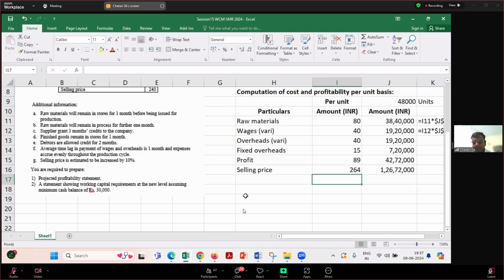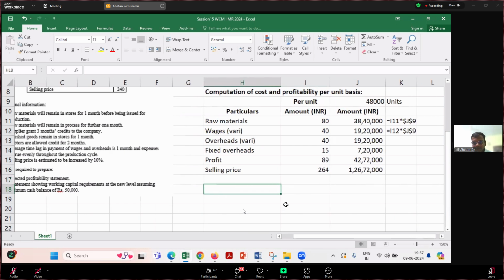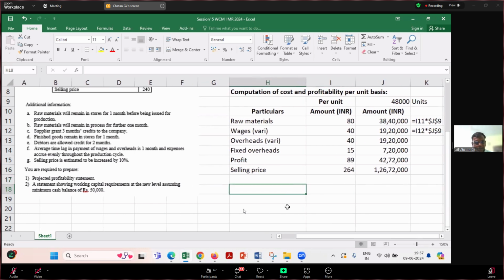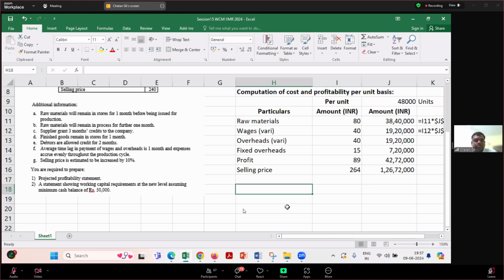Okay, so let us now write the heading: Computation of working capital requirement. Or we can also write it as statement showing working capital requirements.